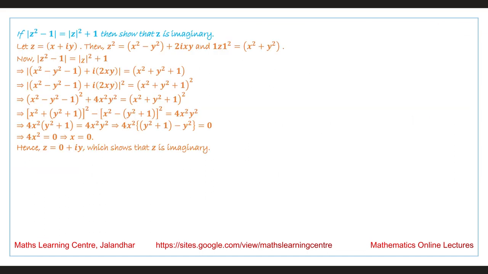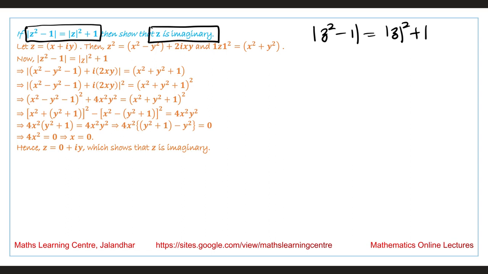Next, if this equation is given to us, mod of z square minus 1 is equal to mod of z square plus 1, we have to show that z is imaginary. So we are going to substitute z is equal to x plus iota y.